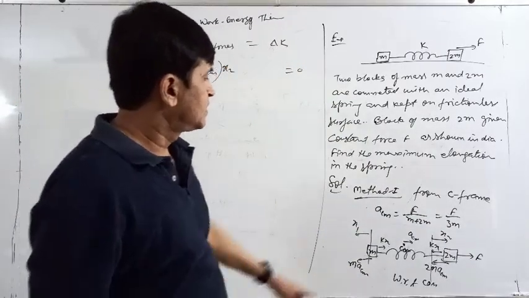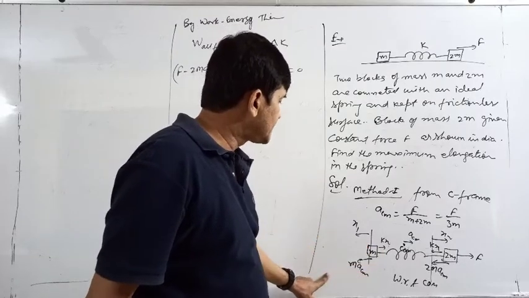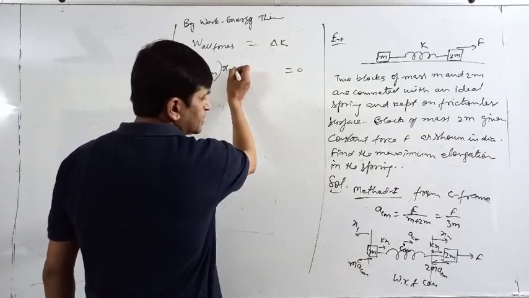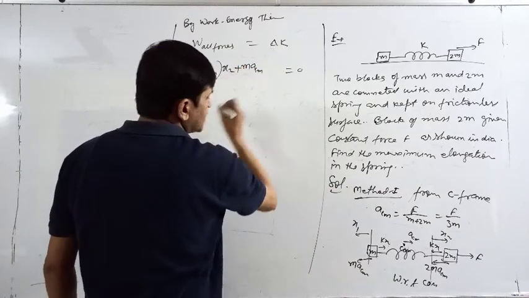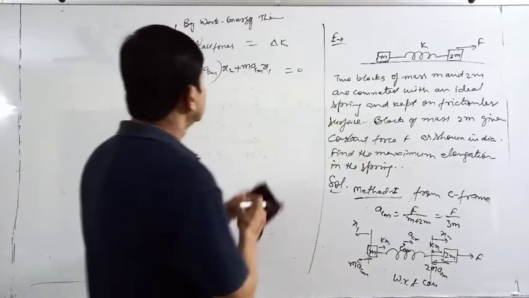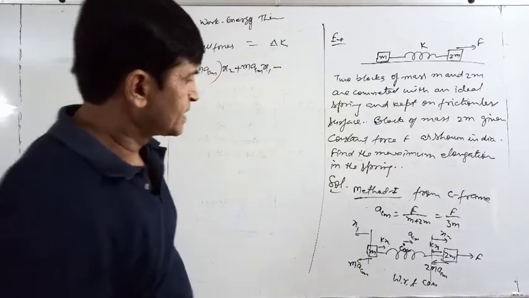Okay, and here work done is m ACM into x1. This is the work done by all forces, and this is equal to minus work done by spring.